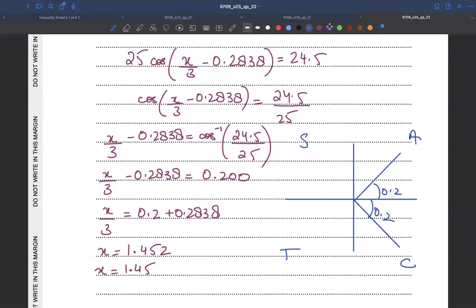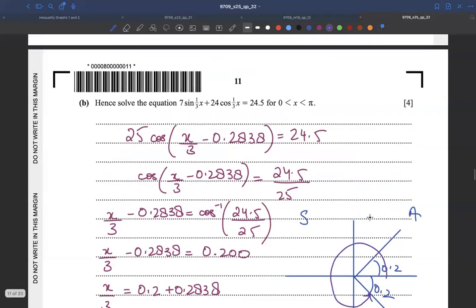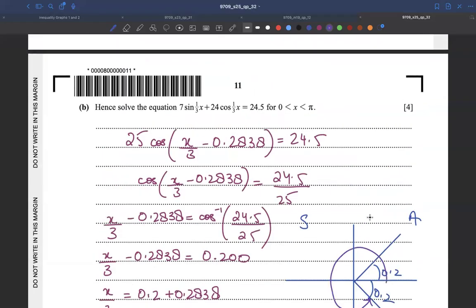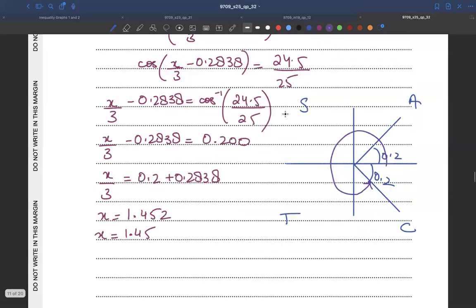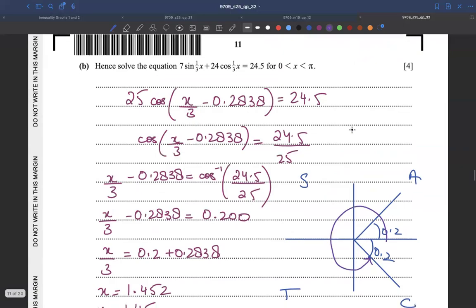So the other angle would be 2 pi minus 0.2, and plus 0.2838, multiplying by 3, but that is coming as a very large answer, so this answer will not be possible. So we'll have to check if there is any other solution in this range. One of the answers is x equals 1.45. And can we take any other value? Let's check.